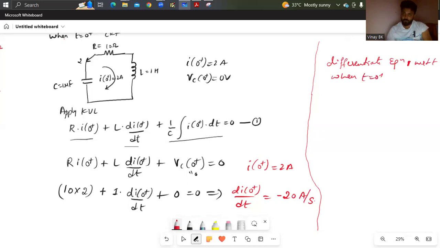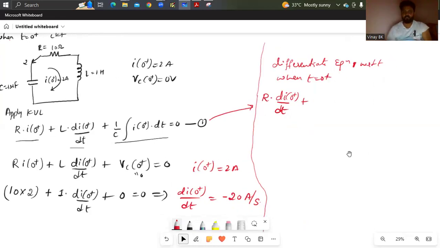Doing the differentiation of this equation, you get R into the differentiation of I of 0 plus with respect to t, which is nothing but di of 0 plus divided by dt, plus L into di of 0 plus by dt, which is L into d square I of 0 plus divided by dt square.